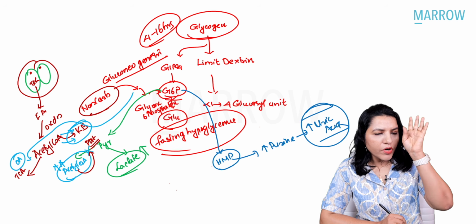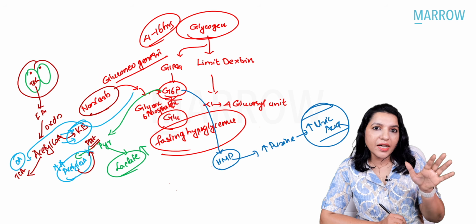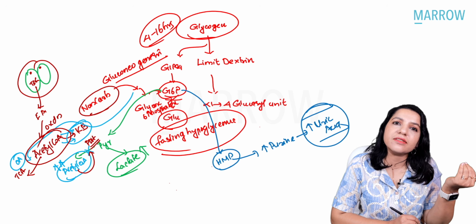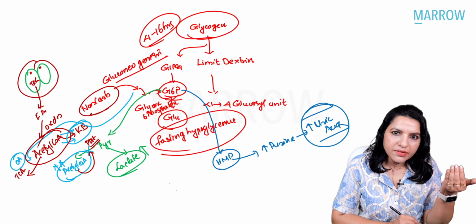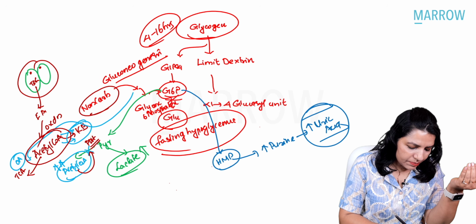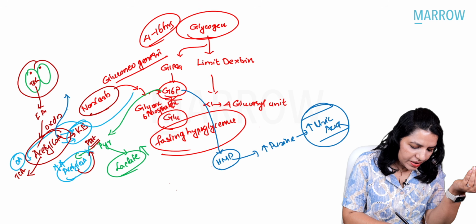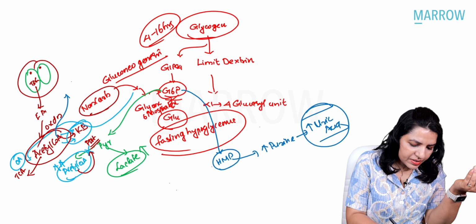Then there is one more biochemical hallmark, and that is hyperlipidemia. It is also explained with the help of this excess acetyl coenzyme A. We know that it is the building block of something else. What is that? Acetyl coenzyme A is the building block of fatty acids, right?